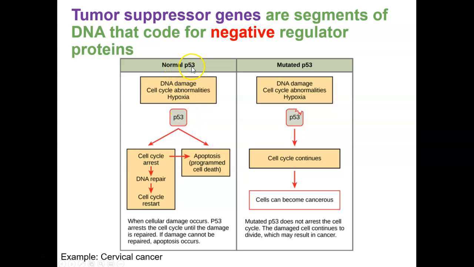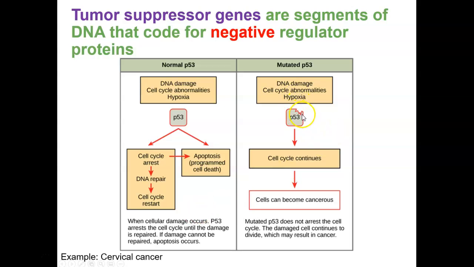So when we have a normal p53, if there's DNA damage or cell cycle abnormalities or hypoxia, lack of oxygen, p53 will step in, arrest the cycle, stop the cell cycle, repair the DNA if it can, and restart the cycle. If it can't, then that cell will go through apoptosis or programmed cell death, and that damage won't be a problem.